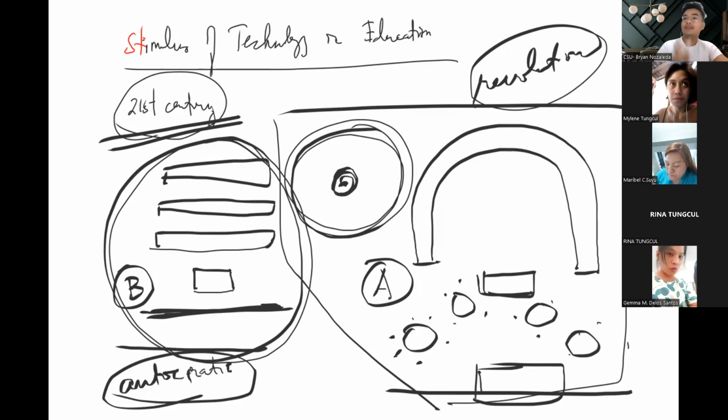There's an authority inside the classroom, and the authority is the teacher. The students feel like, I need to listen to the teacher because the teacher is talking to me. I need to take notes because the teacher is discussing.